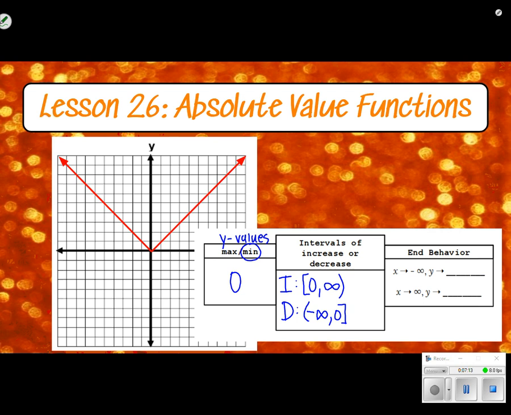So as x goes to negative infinity, which is to the left, my y values are going to go up to positive infinity. And then as x goes to positive infinity, which is to the right, my y values are headed up to positive infinity. In this case, if I reflected this, they would both be headed down to negative infinity if I reflected over the x-axis.